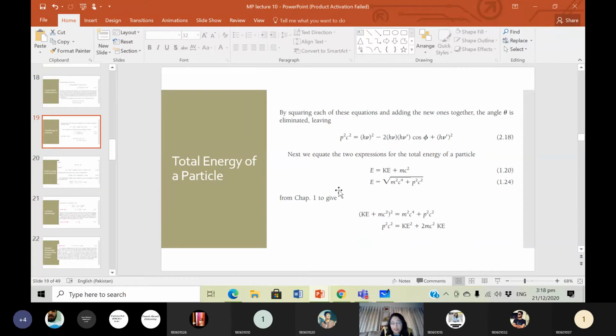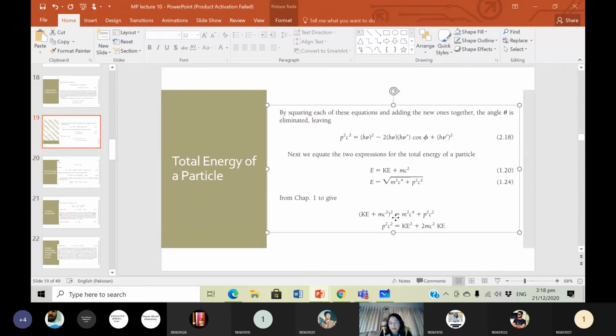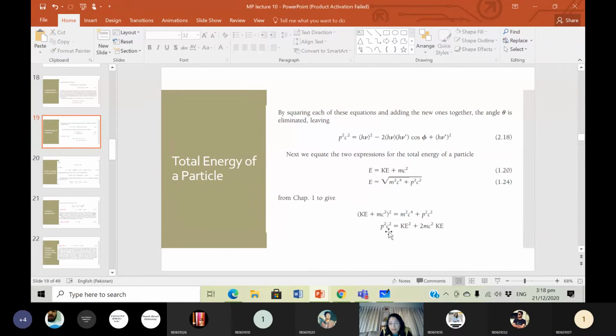For the particle, from chapter 1, we got this equation. So we equate these two together because E is equals to this and E is equals to this, okay? So we take this part and put it over here. And then we square it because we want to get rid of the square root, okay? So then we get this equation.